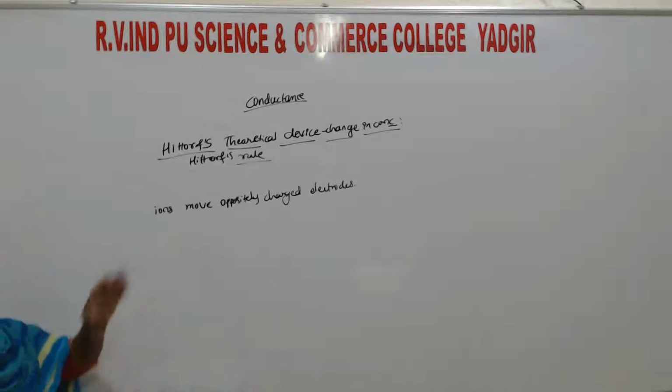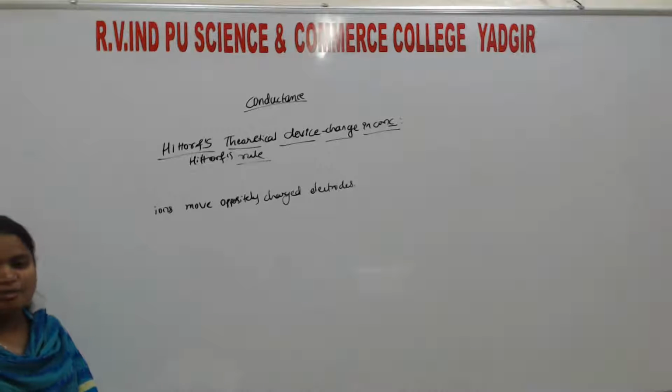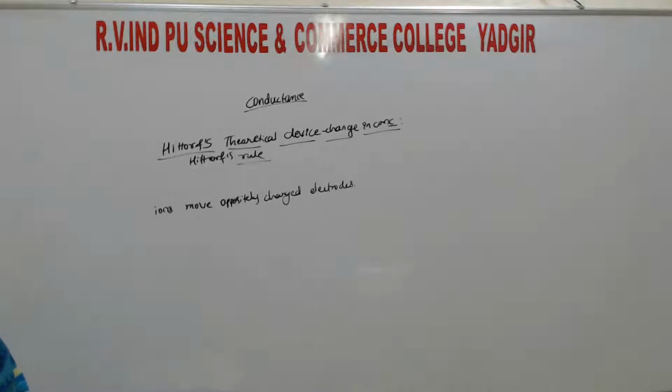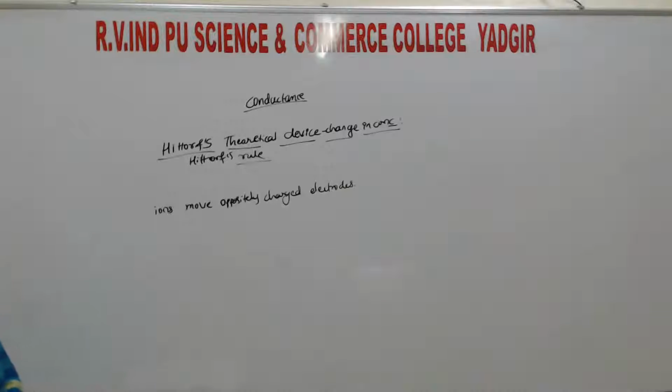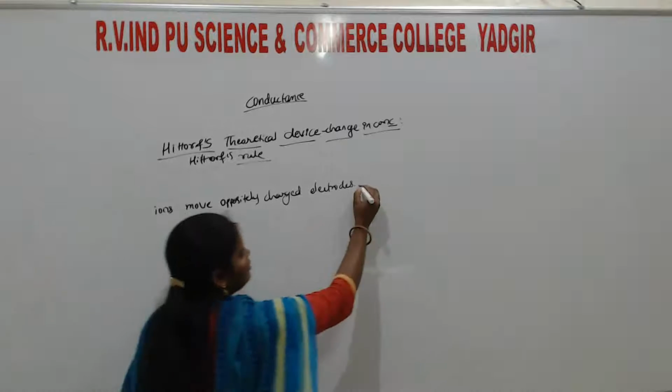For studying this theoretically and experimentally, in the Hittorf rule, the ions move towards oppositely charged electrodes under the influence of electric current.